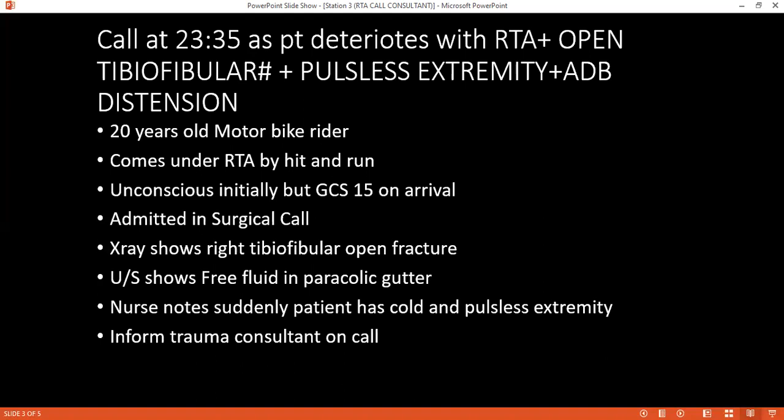If he's not talking to me, I will start with simple maneuvers such as jaw thrust and chin lift, together with some adjuncts like insertion of an oropharyngeal tube, and I might even need endotracheal intubation together with cricothyroidotomy or even tracheostomy if needed.